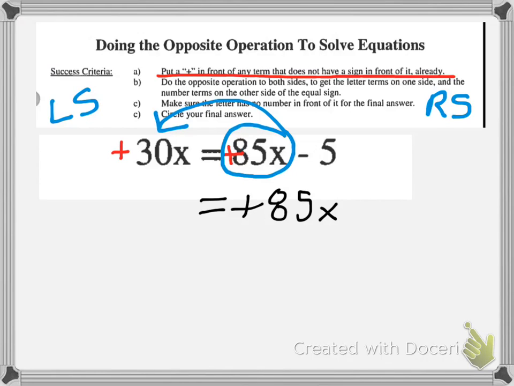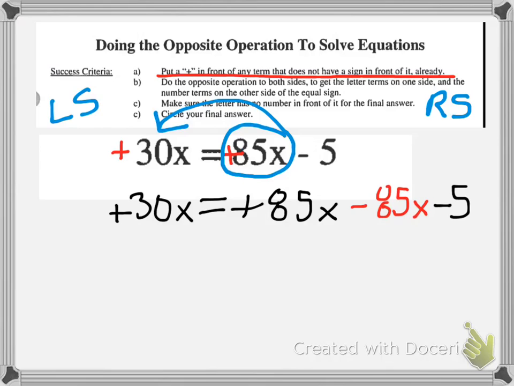If we want that to disappear from the right side, you have to subtract 85x. And then you still have your negative 5 there. And here we have a positive 30x. Now, because we subtracted 85x from the right side, we've changed the equation.